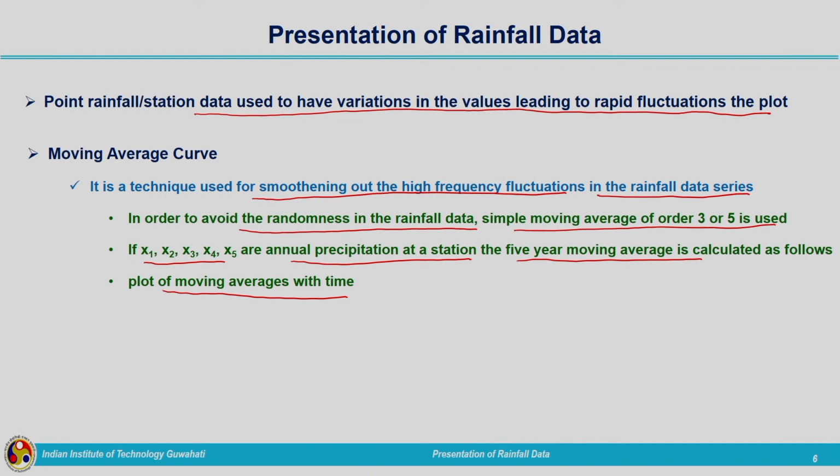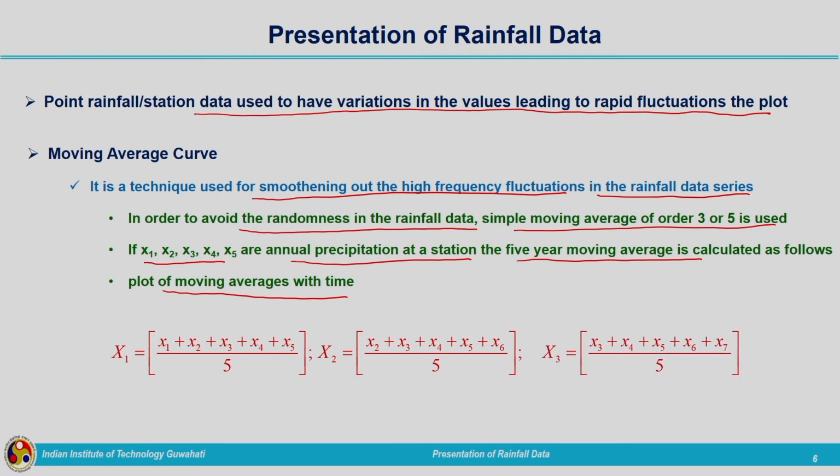How can these moving averages be calculated? The first can be calculated from the first 5 annual series data points: x1 plus x2 plus x3 plus x4 plus x5, divided by 5. In a similar way, the second data point corresponding to the moving average will be the summation from x2 to x6 divided by 5, and the third data point will be from x3 to x7 divided by 5.